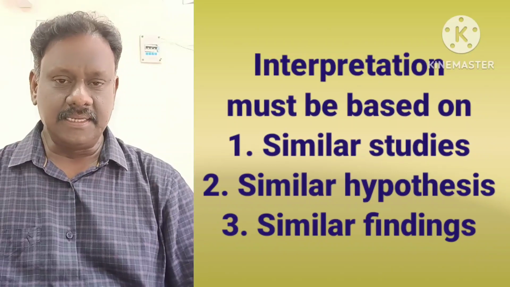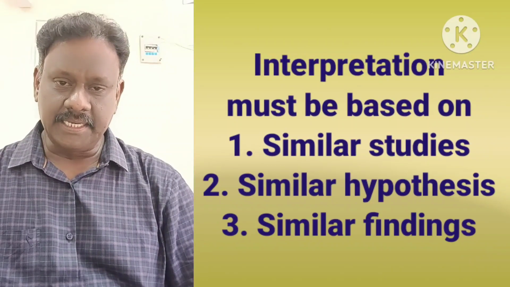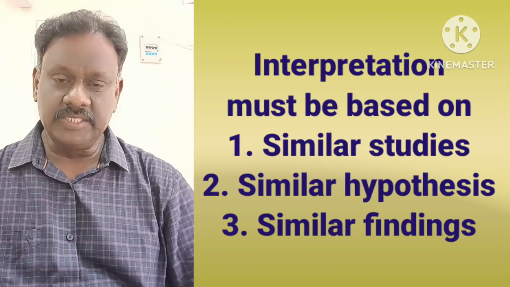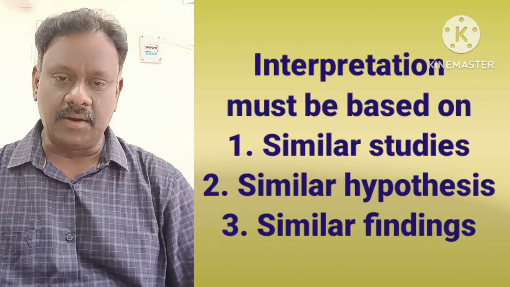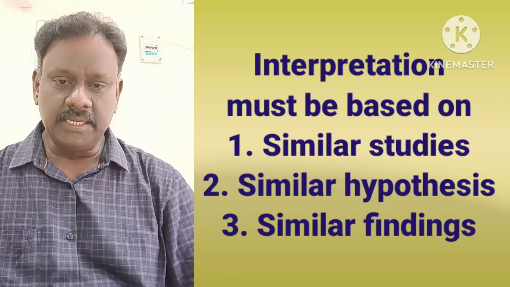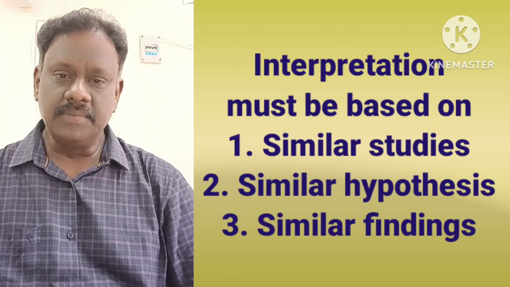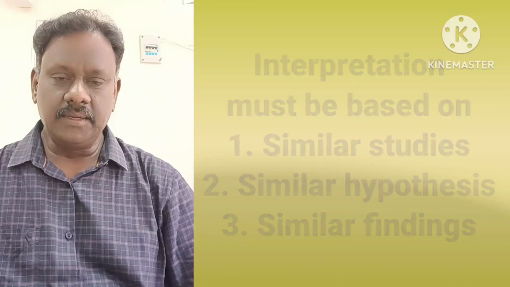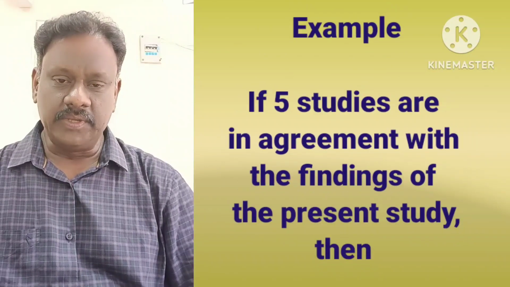Then naturally my interpretation should be like this. I have collected data, that is, related studies. Out of the related studies, how many studies have a similar hypothesis, and how many of them have findings similar to my finding? So I will present it in the following format.